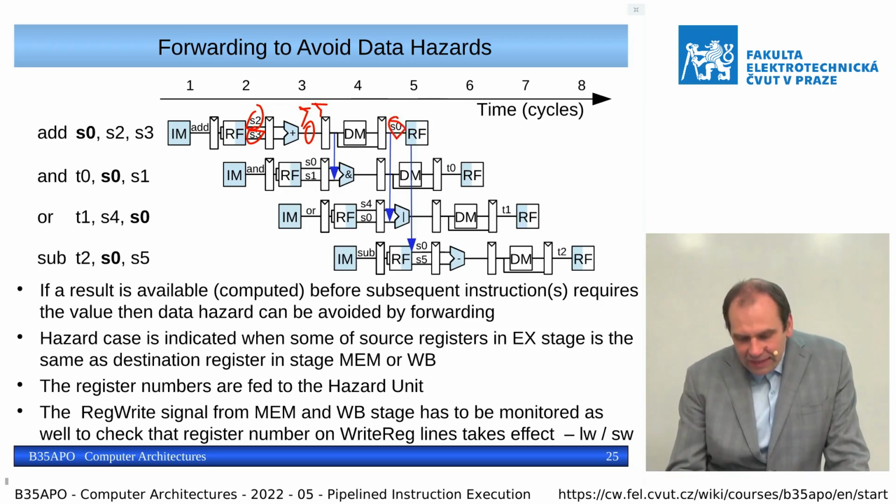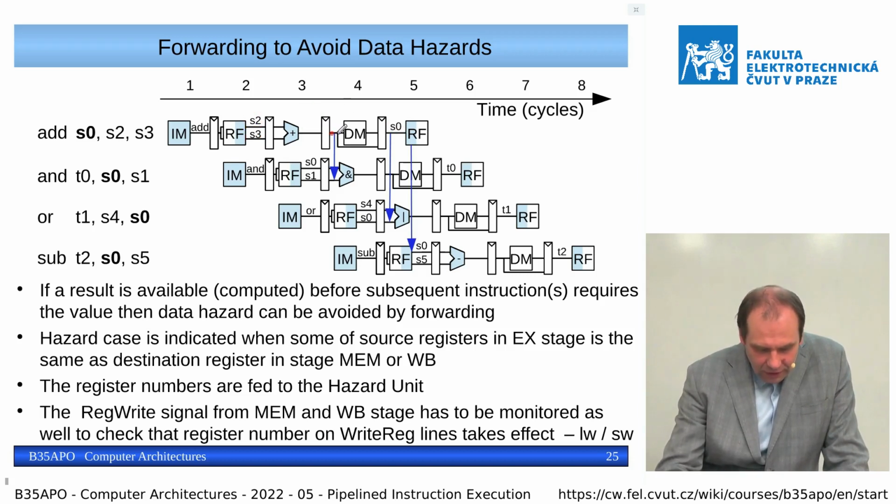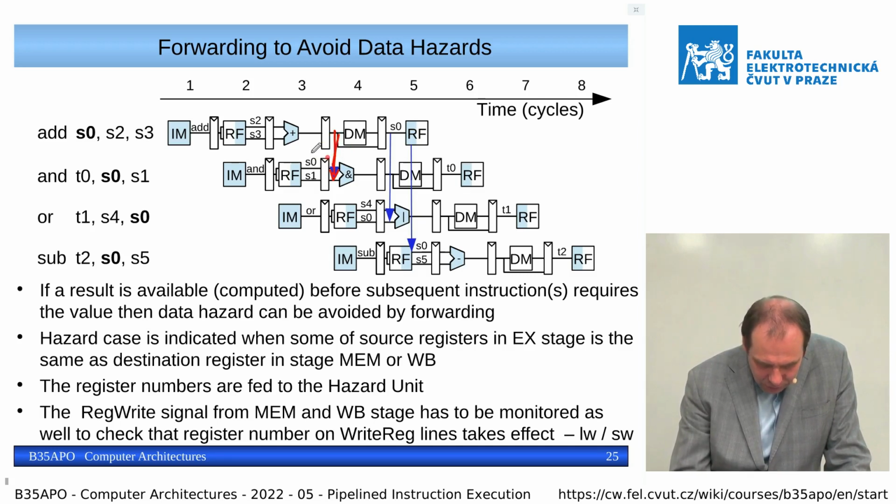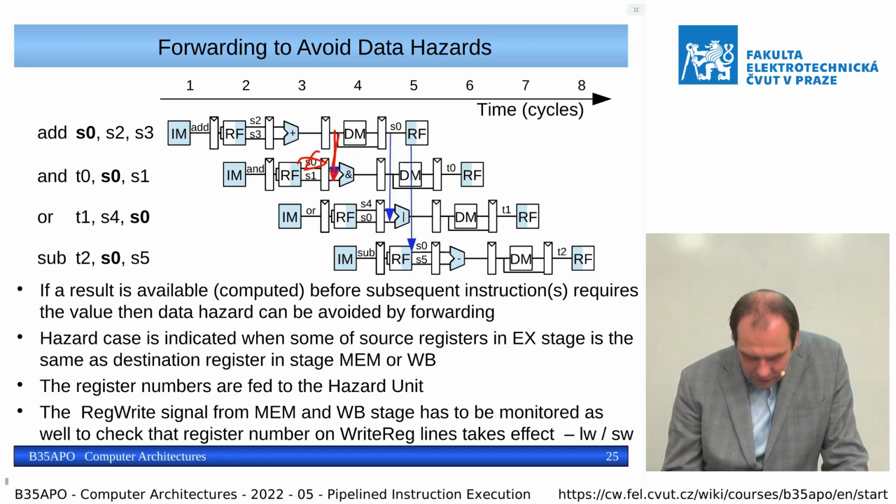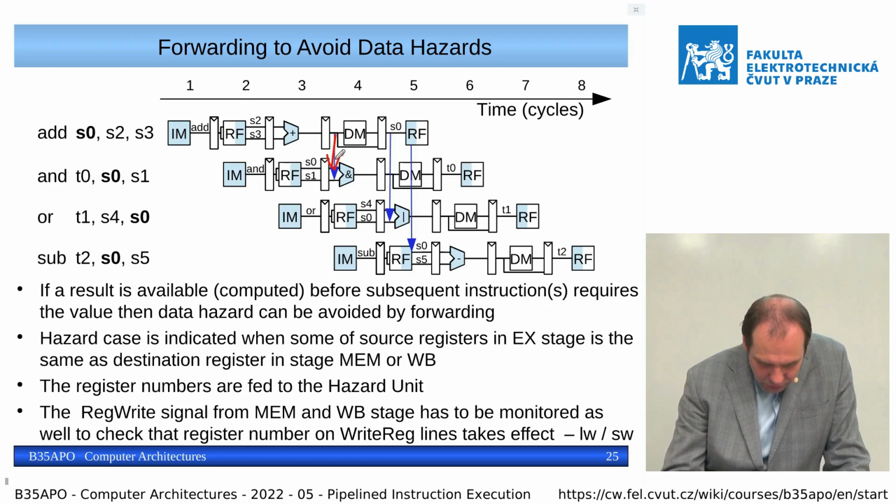So if we can detect this situation, then in the next clock cycle we can in fact forward the information to, okay, there is a mistake, it should be to the S0, to this one. The arrow should go only there.